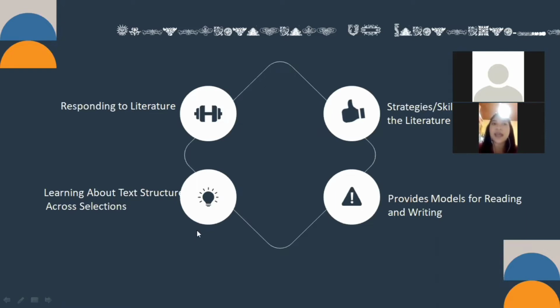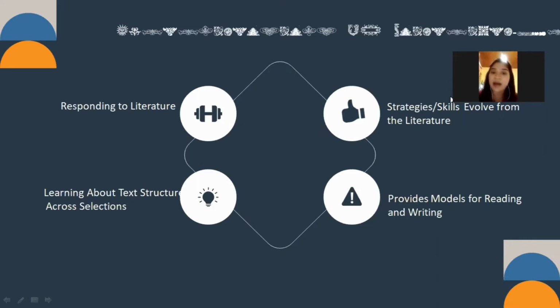The students can relate the book with their own life or their own experience, or they can make an analysis, summary, etc. to respond to the literature that they already read before. The next one is learning about the text structure across selections. By reading, they can determine the text structure of the book that they already read before.